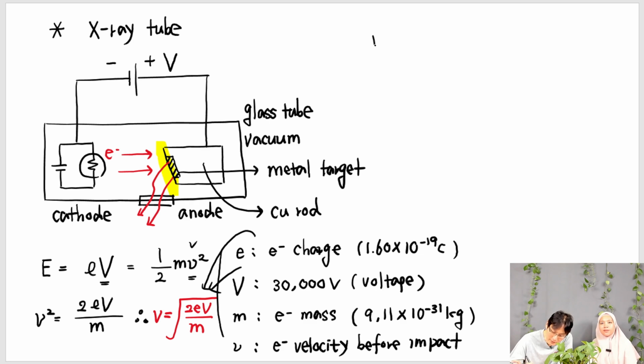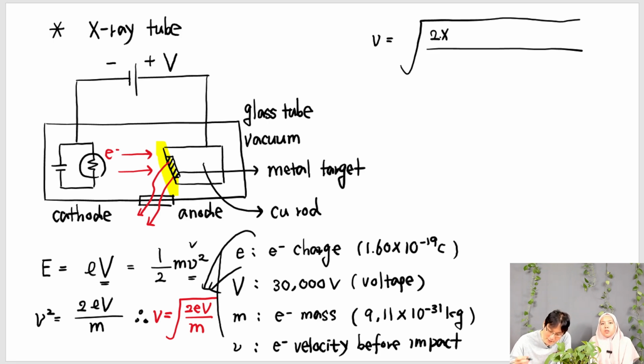Here, the small v equals the square root of 2, first of all the electron charge, 1.60 times 10 to the power of minus 19, in coulombs.